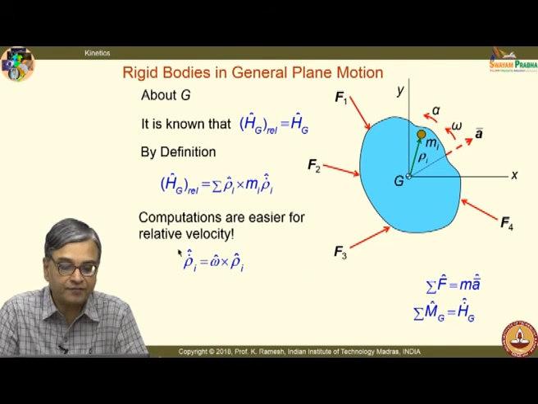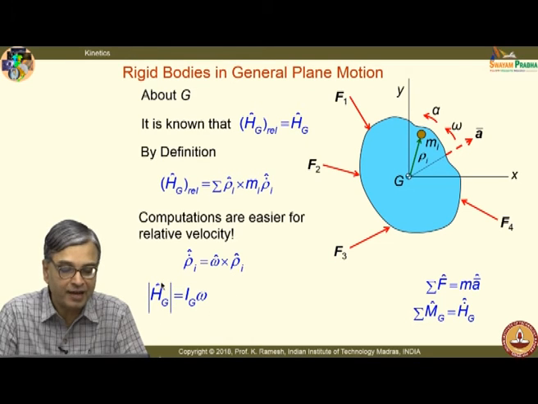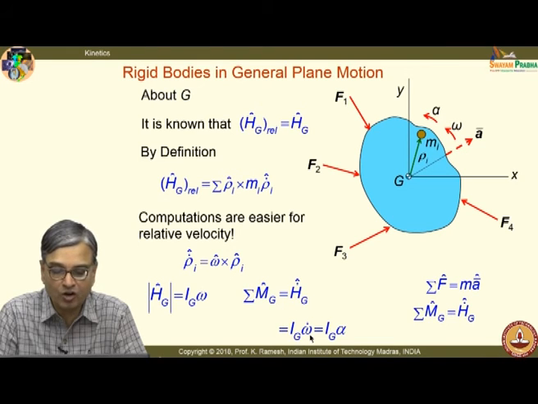And I can write, from our understanding of rigid bodies in general plane motion, rho i dot as omega cross rho i. So, when I substitute here, I can simplify it as Hg, the magnitude turns out to be Ig omega, and when I take the differentiation of that, I get H dot g as Ig omega dot.